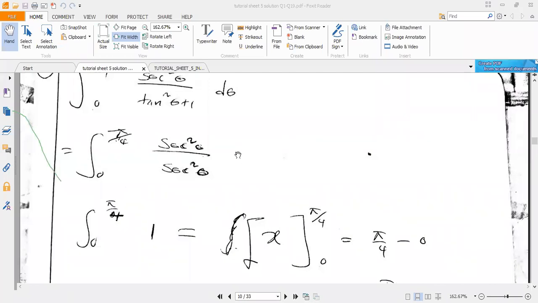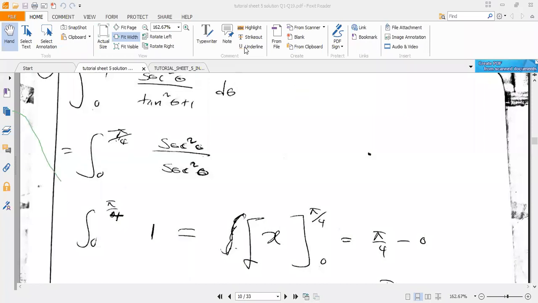When you are proving that identity, is it giving us 1 or what? It is, sir. Go and check your identities properly, you guys. Tan squared theta plus 1 should give you sec squared theta. The easiest way: you have your phones with you, isn't it? Just Google what tan squared theta plus 1 is equal to, and Google will automatically give you that tan squared theta plus 1 is equal to sec squared theta. All right, so I'll check it. Thank you.